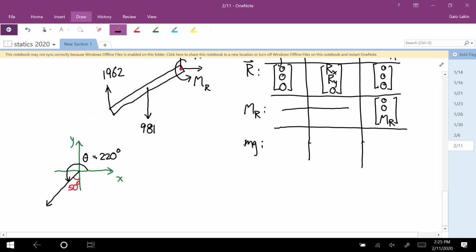So for the weight force here, we have 1 times cosine of 220, 1 times sine of 220. That is negative 0.766 and negative 0.643.